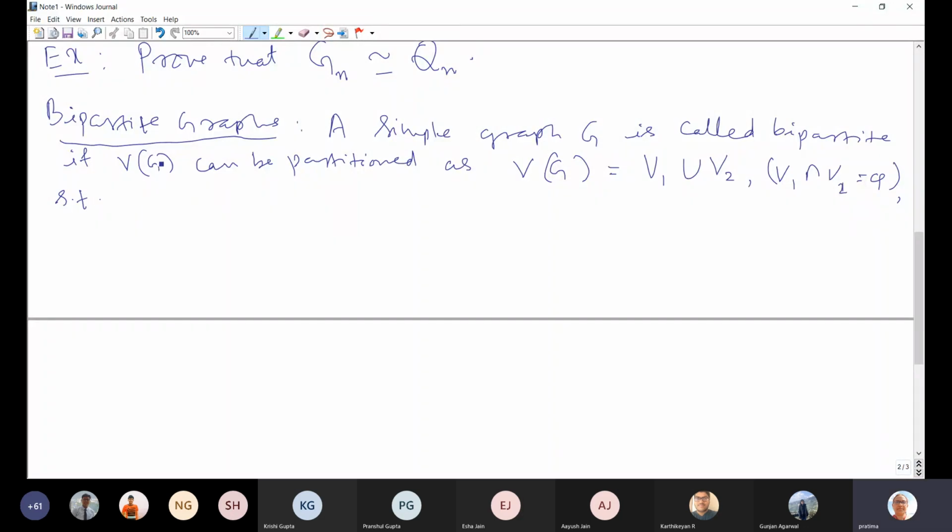Such that no two vertices within V1 or V2 are adjacent.